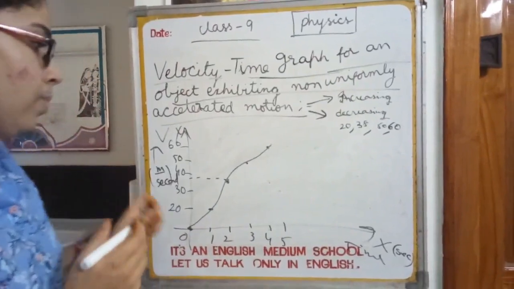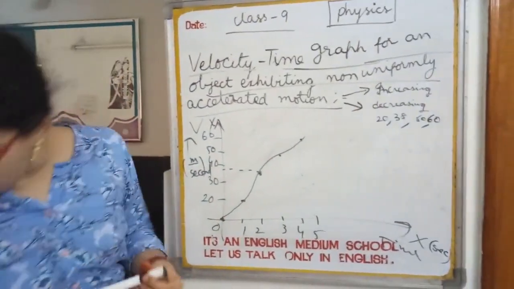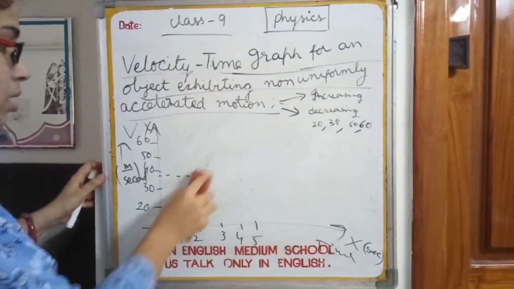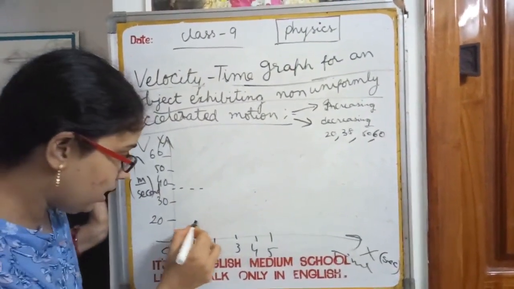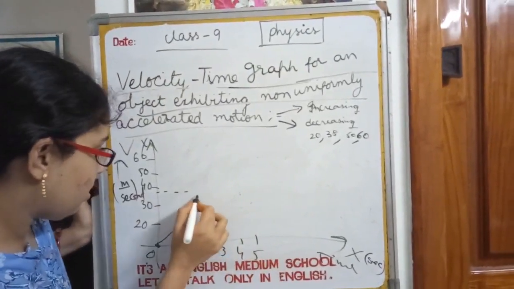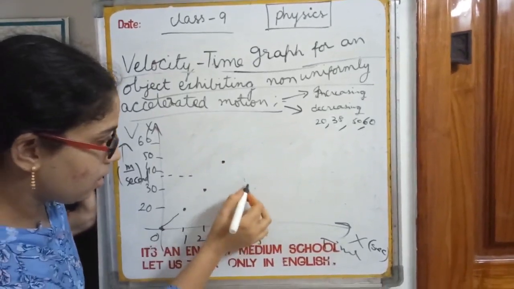So this is the non-uniformly increasing case, whereas in the case of non-uniformly decreasing, I may get a graph like this: 20, 30, 50.